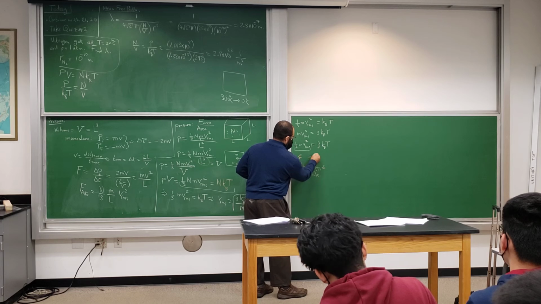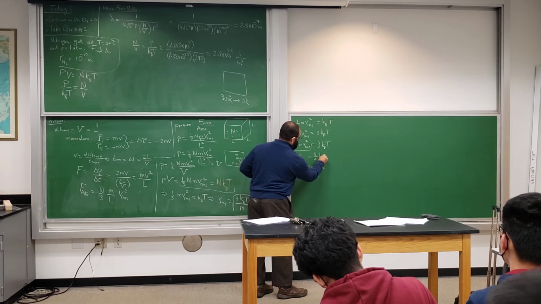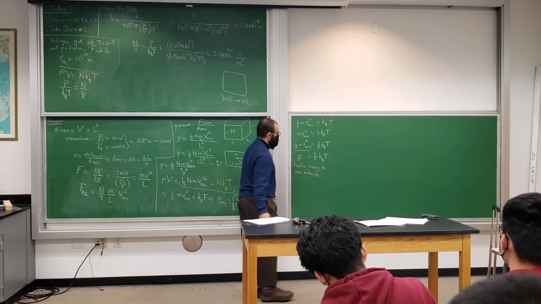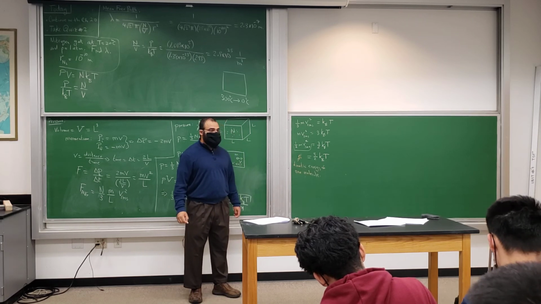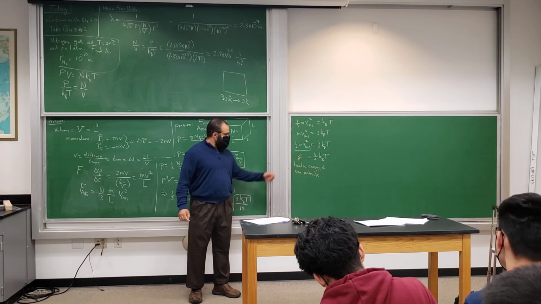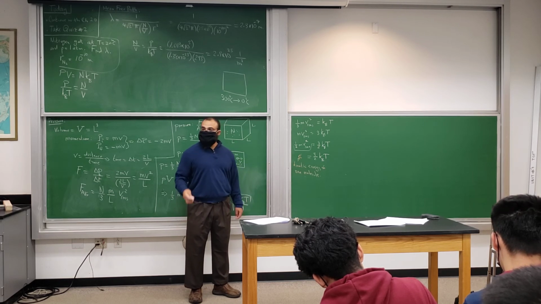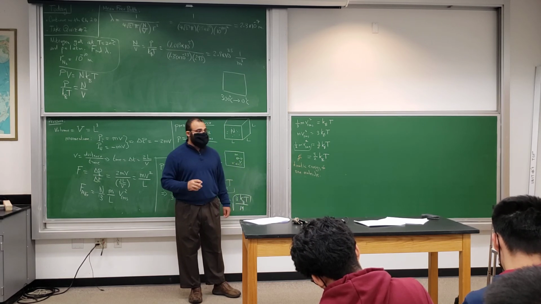So that kinetic energy is 3/2 k_B T. Okay. So each molecule would have this much kinetic energy. So just based on the temperature, you would have that much kinetic energy.